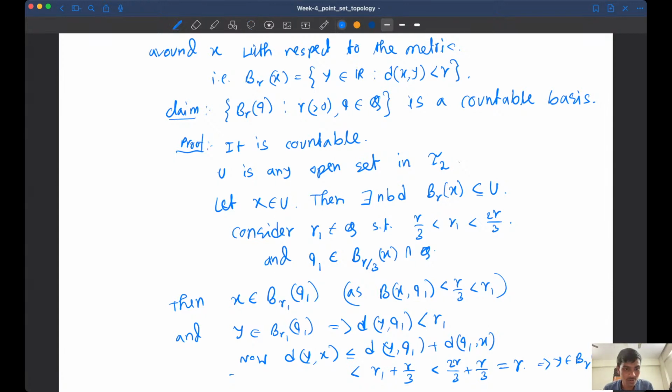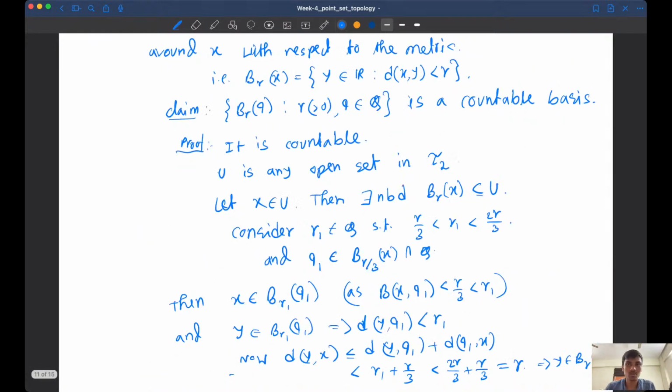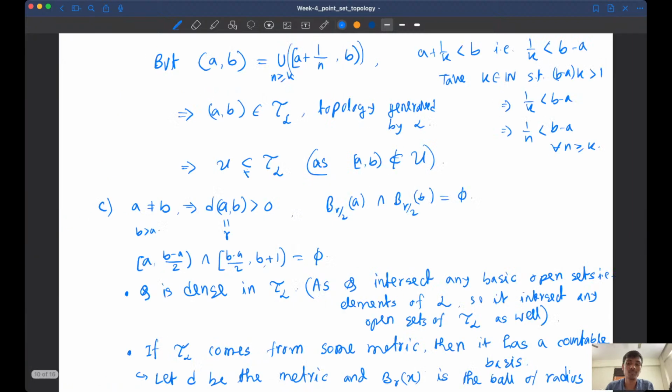So how much have we got? We showed that Q is a dense set and Q is countable. Now if tau_L comes from a metric, then we also showed that it has a countable basis. So if we show that the topology generated by this L cannot have a countable basis, then we are done.